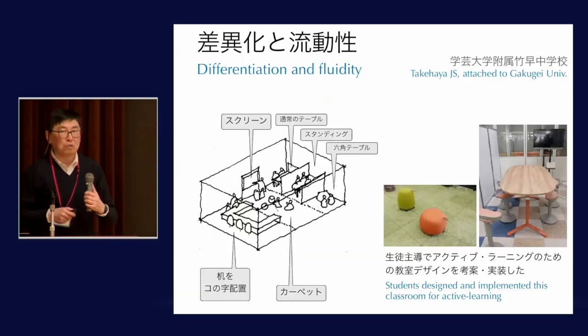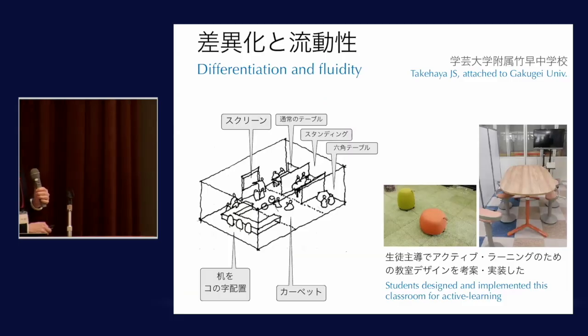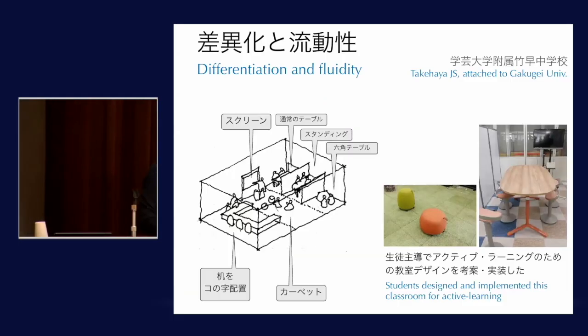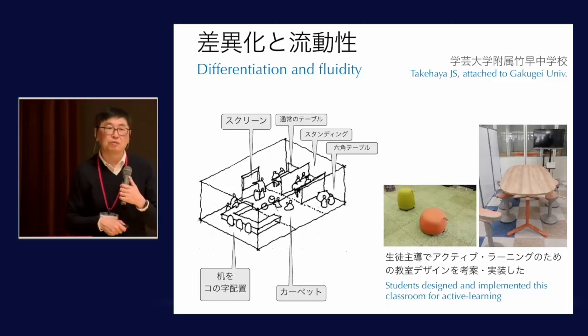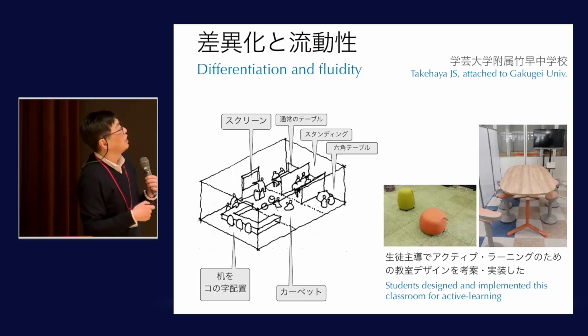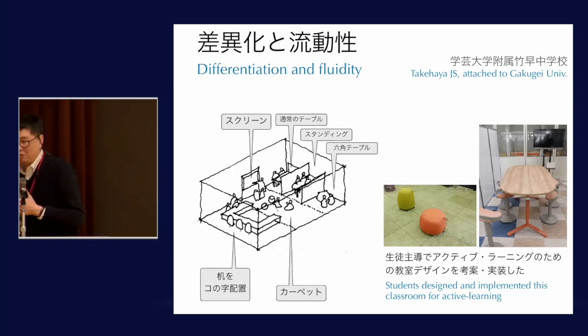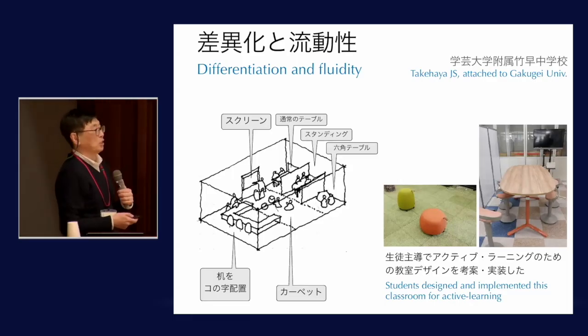They can use this area themselves, however they want to use it and however they want to make the layout. The teacher said we just asked the students how they want to study and where they want to study. At that time, this kind of space was made by the students.